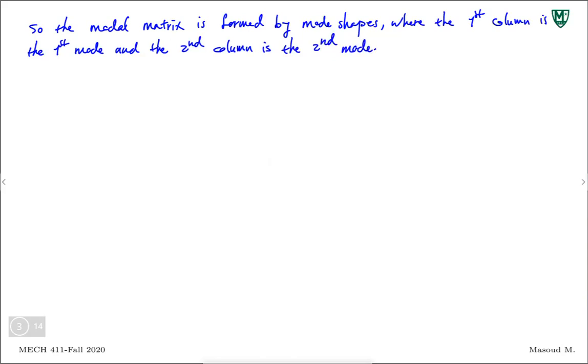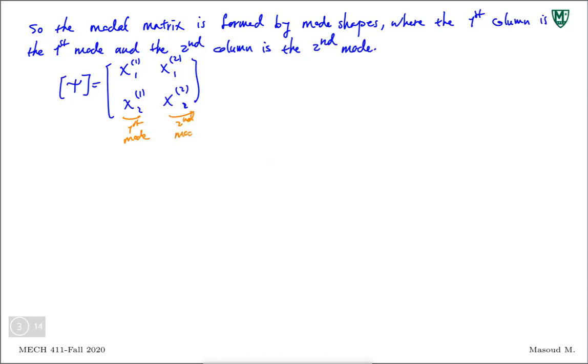Right? Just as a reminder, this is a very important matrix, psi, Greek letter: x1,1, x1,2, this is the first mode, and then x2,1, x2,2, the second mode. First eigenvector, second eigenvector.